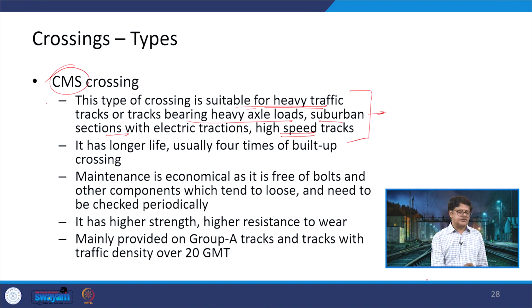Because of the strength characteristics which come from the materials used in this type of crossing, it has a longer life, almost usually 4 times that of the built up crossing. So, that is a very big advantage, and that advantage gets translated into the requirement of maintenance, where it becomes economical as it is free of bolts and other components which tend to loosen and require periodical checking and replacement.